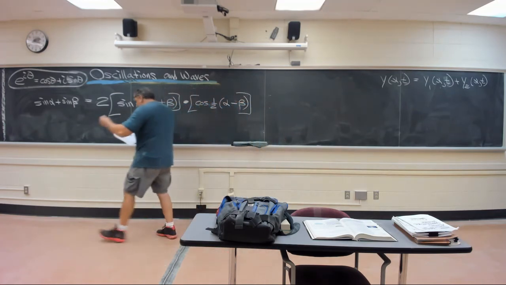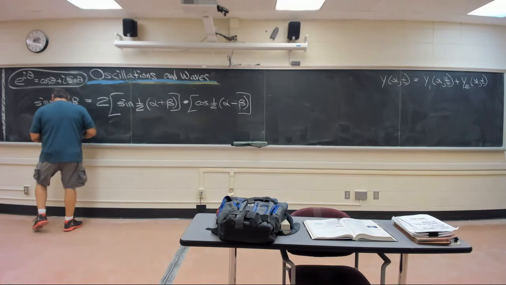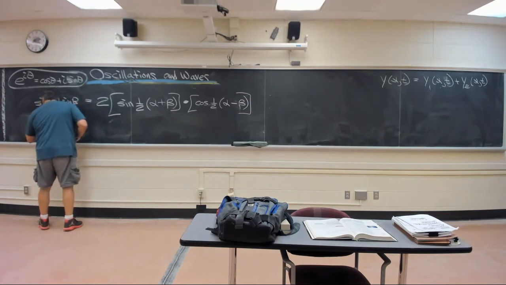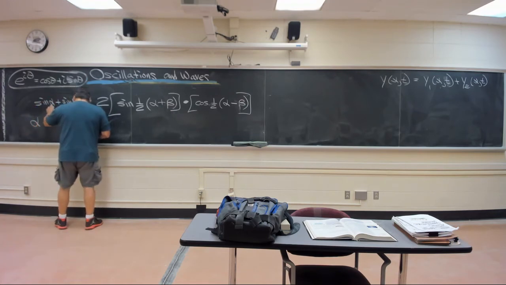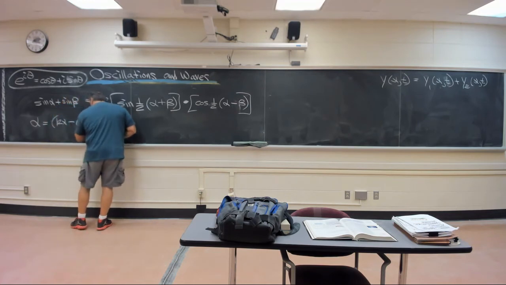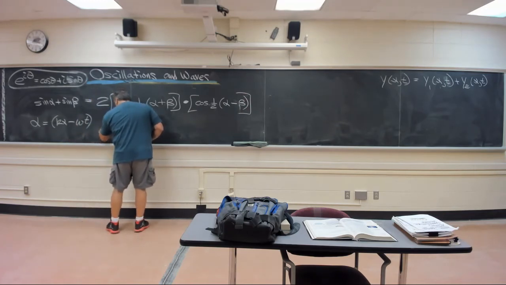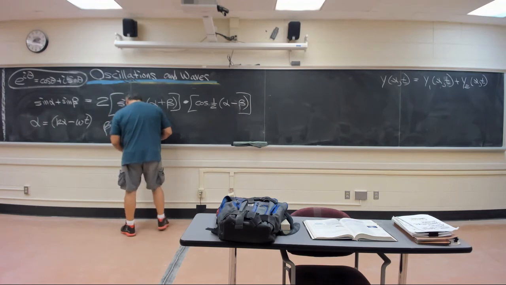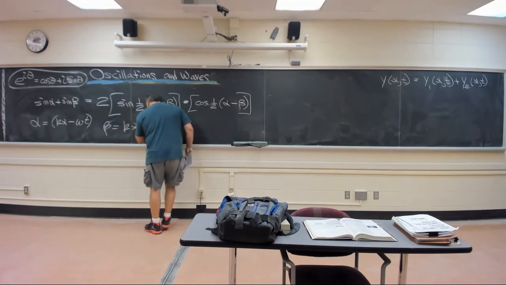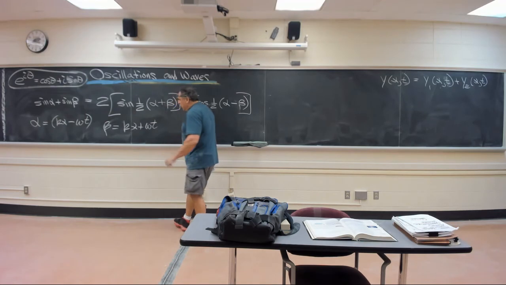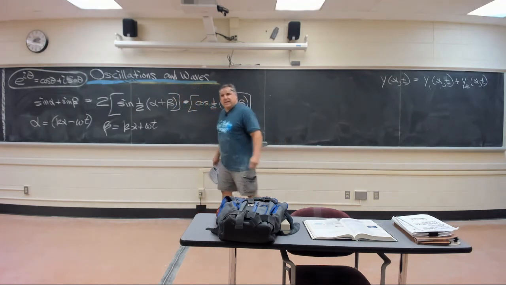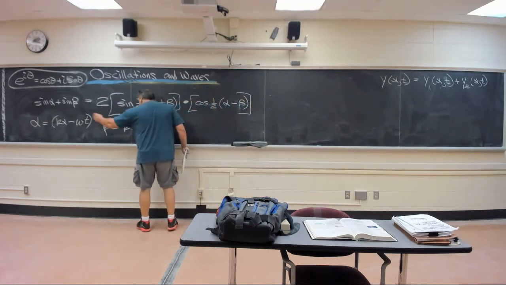Now, let's do two waves. Let's take two waves. One of them, the argument alpha, the thing that's in the argument right here, is kx minus omega t. Beta is kx plus omega t. What's going on here? These two things are identical except for an addition symbol in one place and a subtraction symbol in the other.